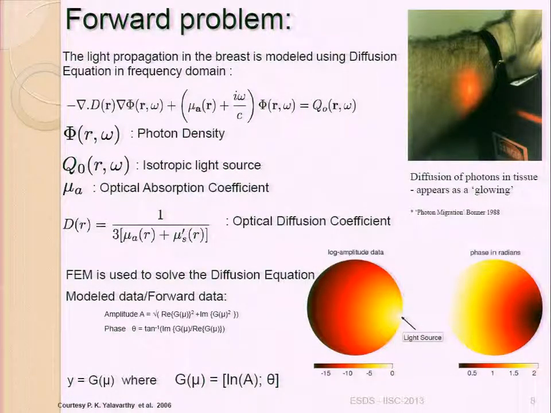This is the equation we use, where phi is the photon density, and mu a and D of r are the absorption and scattering coefficients. D of r is the optical diffusion coefficient. One of the solutions I have shown in the bottom right corner.